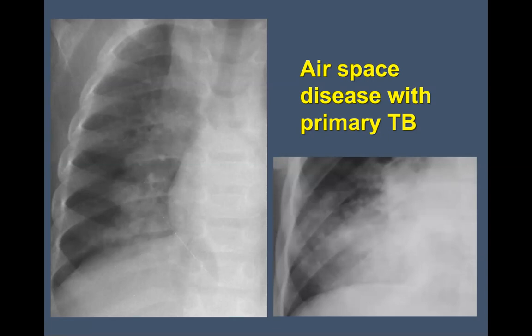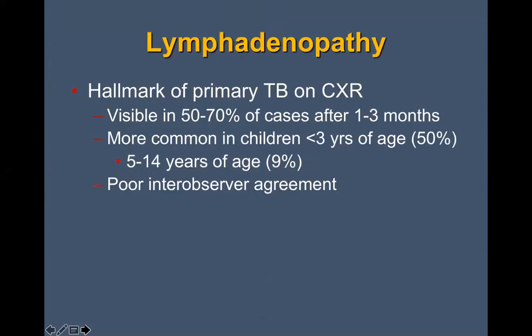This type of airspace disease, you wouldn't think of TB right off the bat in a child. You would probably be thinking of your more garden variety bacterial pneumonias in many cases. And so without that lymphadenopathy to help you, it may not be an easy thing to distinguish from a community-acquired pneumonia. So lymphadenopathy is really the key for us.